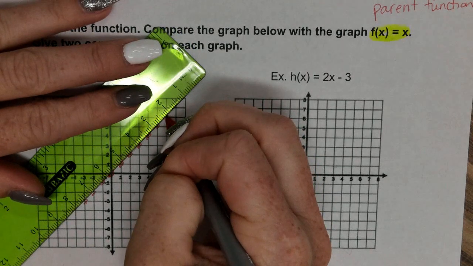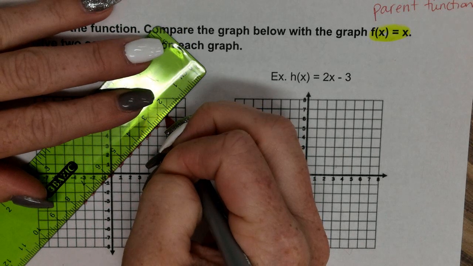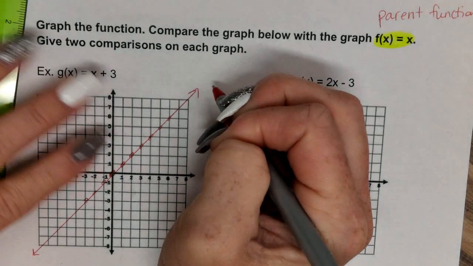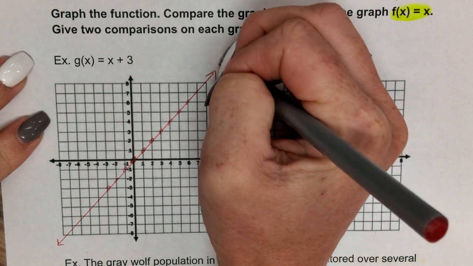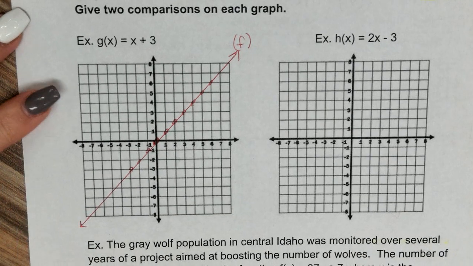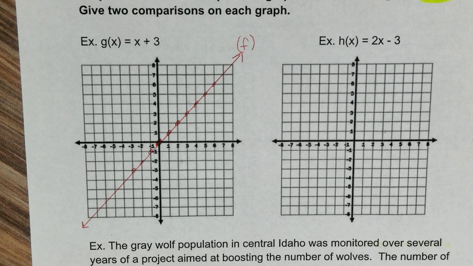And you're going to label this function f. So you would go to the edge of the function at the top and put f. Did everybody get that one done?